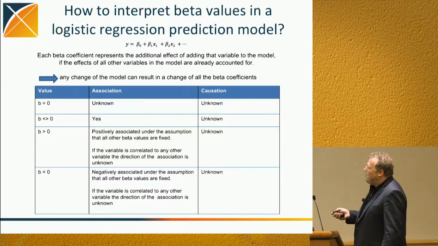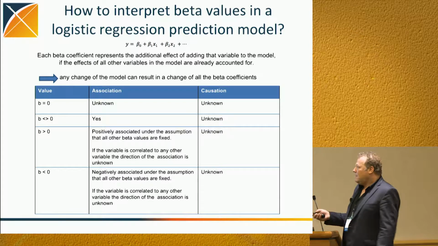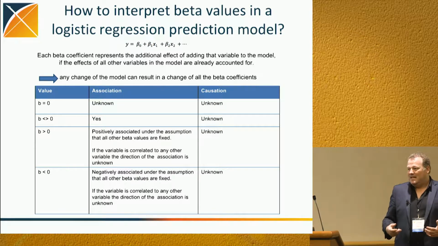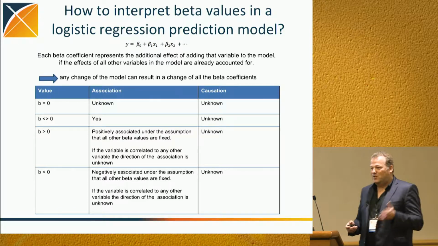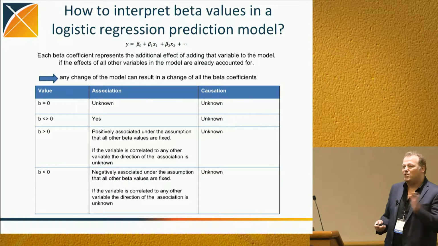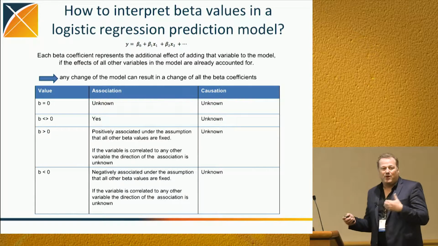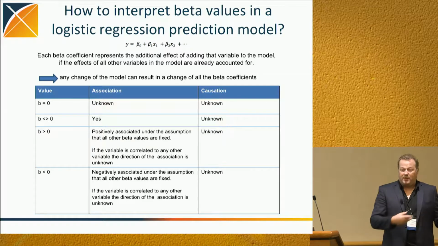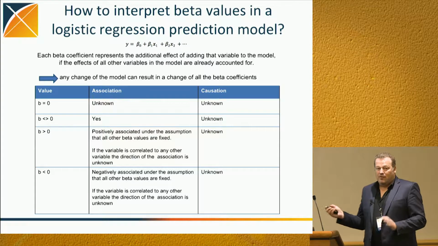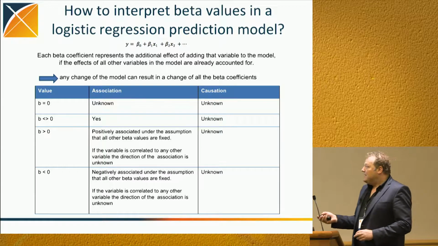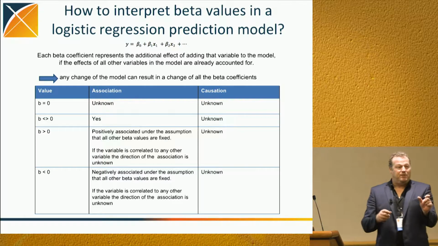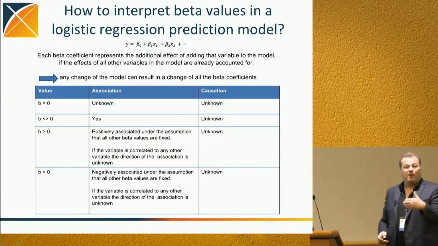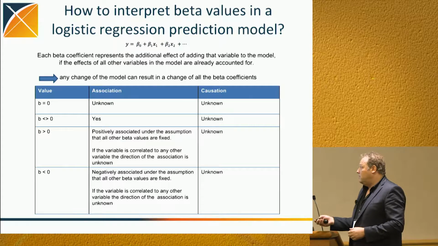It's important to understand what these betas actually mean. If the beta is 0, meaning the variable is not in the model, it doesn't tell us at all whether there is no association, because there can be other variables in the model that are very highly correlated to that one, that are actually a proxy for it. We also know nothing about causation here. If the beta is not 0, we do know that there's an association between that variable and the outcome, so it has some predictive value in our prediction model.